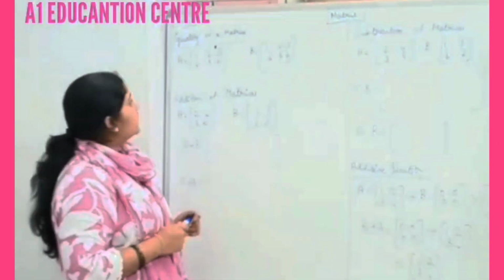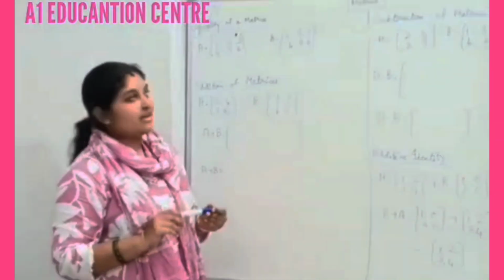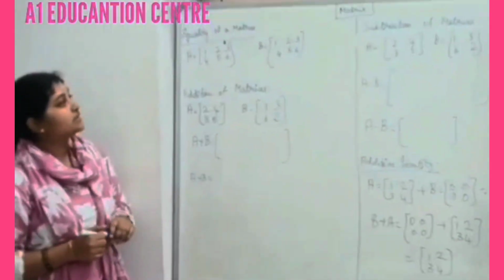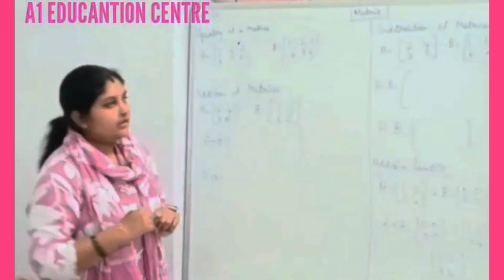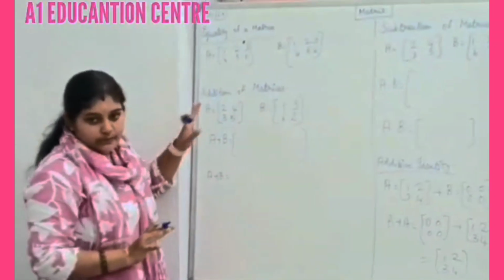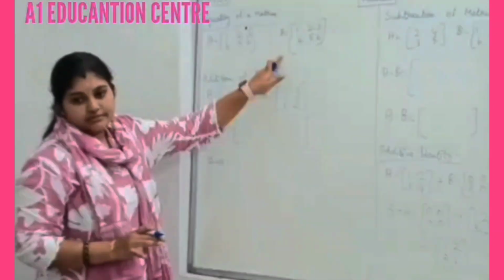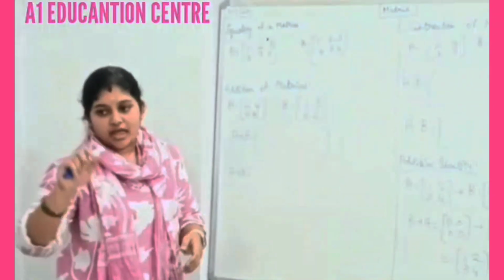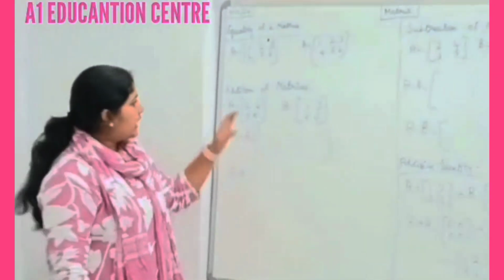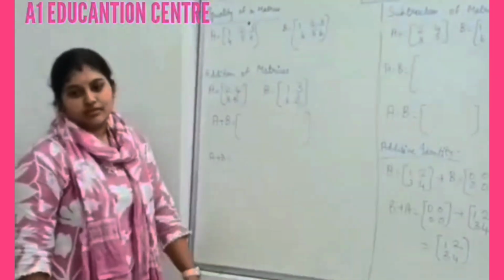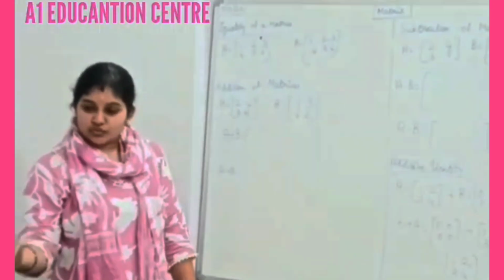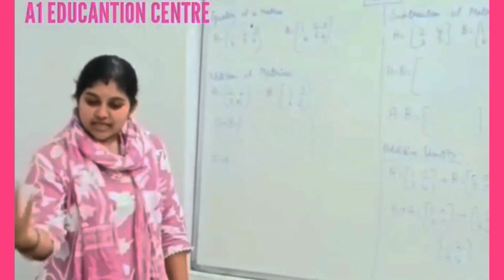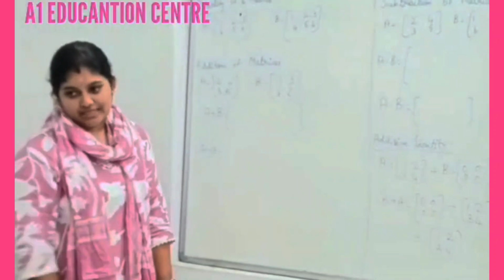Okay. Now we are going to study about equality of matrices. What do you mean by equality of matrices? Two matrices, A and B, will be equal. For example, Emma and Sakshi: even you both have the same textbooks. Whatever you have, even she has.